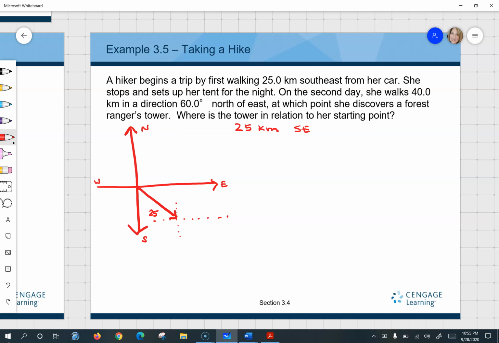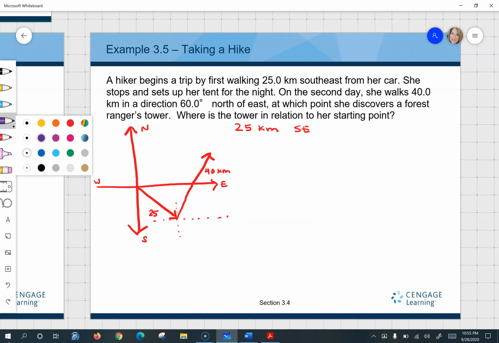Here's 45, so this would be 60, and it's longer. So we know that this is 40 kilometers. What you want to do is find the resultant vector from her starting point out to this tower. So we'll call it the resultant.